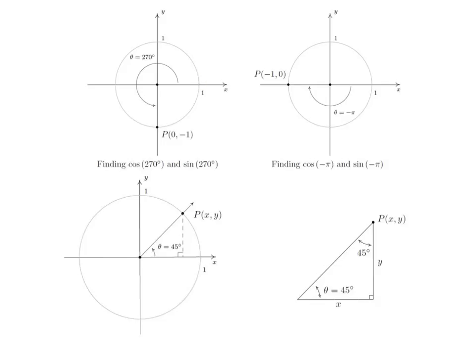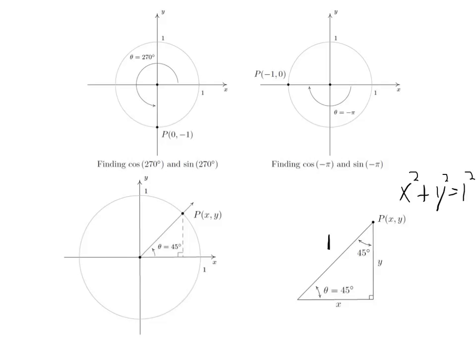If we get into other angles, for example 45 degrees, it takes a little bit of geometry to find the values of the point here. So if we took a look at this 45-degree angle, we do know that this length is 1. And from the Pythagorean theorem, we get that x squared plus y squared equals 1 squared.